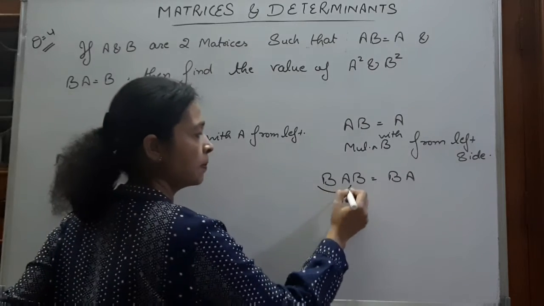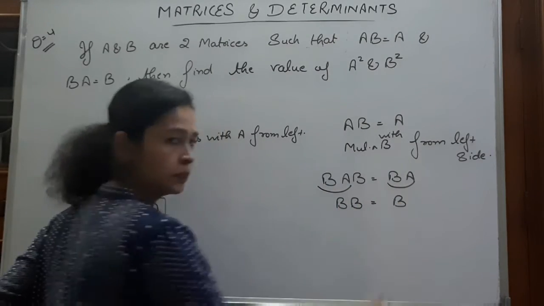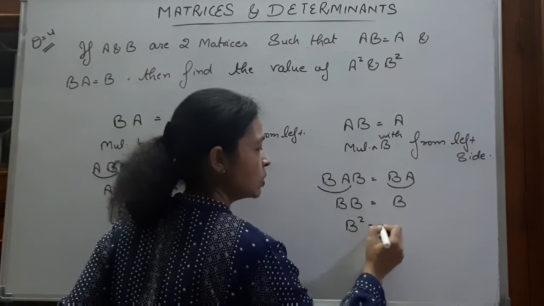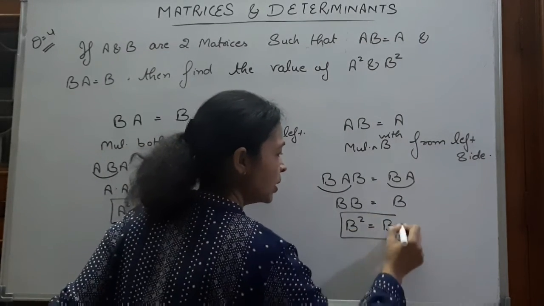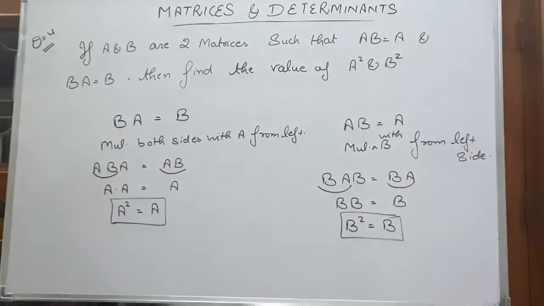BA is B. B into B equals BA. Again B. B into B, B square, is equal to B. So, the value of A square is A and the value of B square is B.